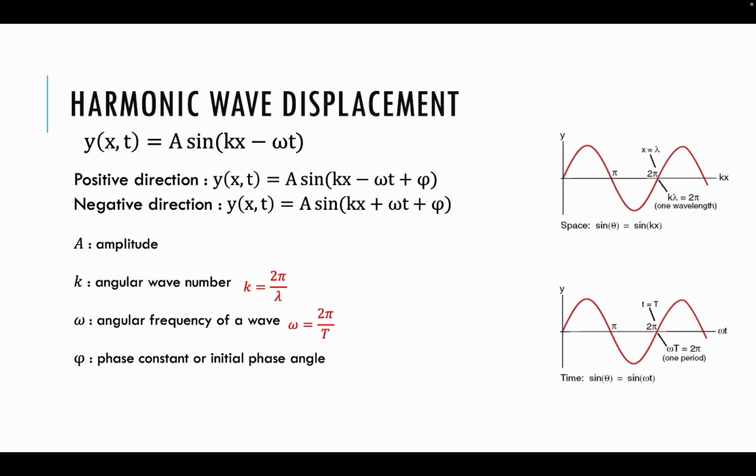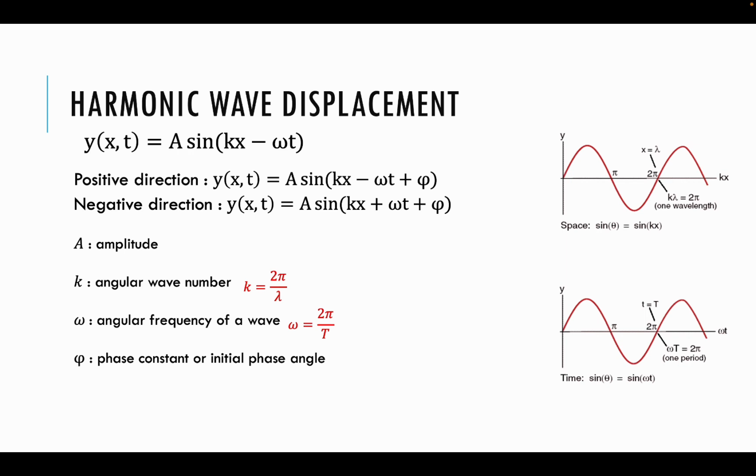So referring to this graph, at a fixed time t, the displacement y varies as a function of position x as y equals A sin(kx) equals A sin(2π over λ x). The phase constant φ is determined by the initial condition of the motion.